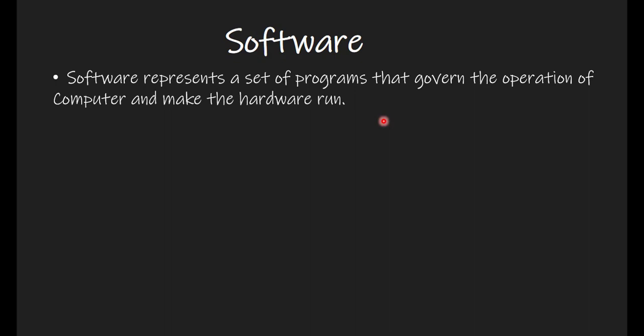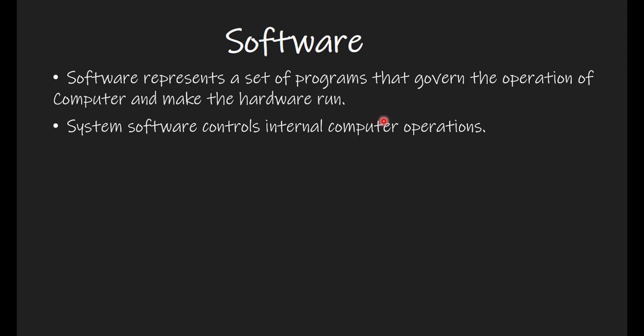Hardware by itself is of no use, we cannot use hardware on its own. We need some set of programs that can make the hardware run. That set of programs that govern the operation of a computer and make the hardware run are known as software. The software is of two types. The first one is system software.